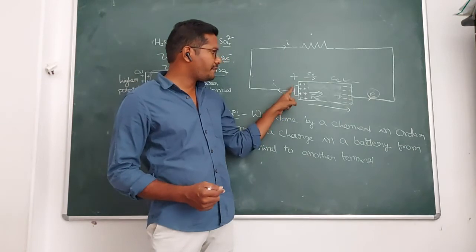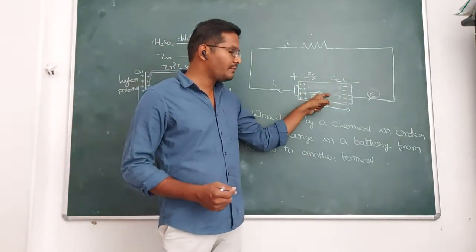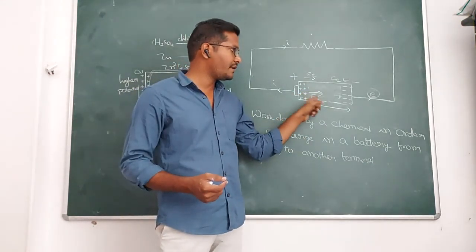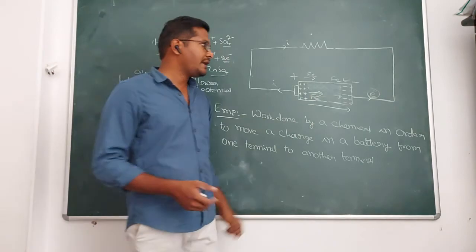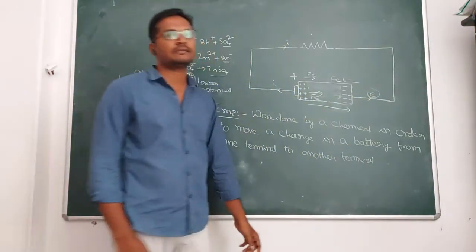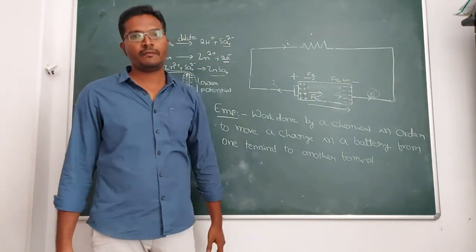When it is coming from this terminal to this terminal, there is a collision because of the internal resistance offered by the cell. Because of the internal resistance, the electron which is coming out of the cell does not have the entire energy which the battery has.